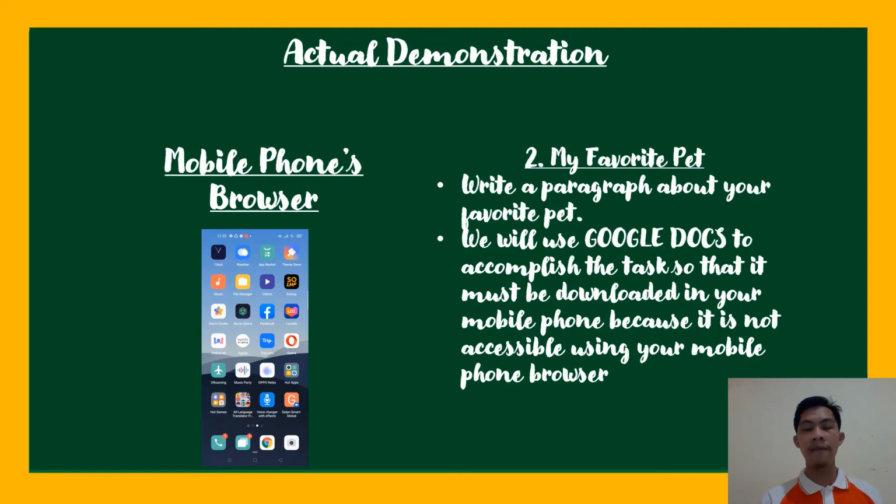We will be using Google Docs to accomplish the task, so it must be downloaded on your mobile phone because it is not accessible using your mobile phone's browser. Unlike the laptop or desktop browser, where Google Docs is free and accessible online, on our mobile phones we have to use the Google Docs app downloaded from the Play Store. Let's start.